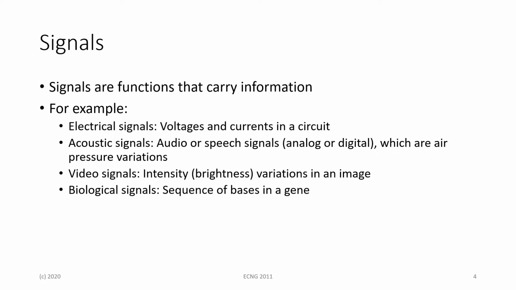Now, note from my explanations here that all of these signals tend to be with respect to some form of base units. In this case, it could be time, which is in seconds. It could be frequency, which is in hertz. Or it could be space, which is basically the positioning of your signals in themselves.